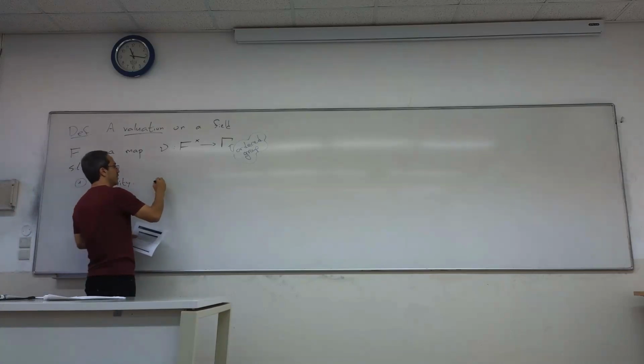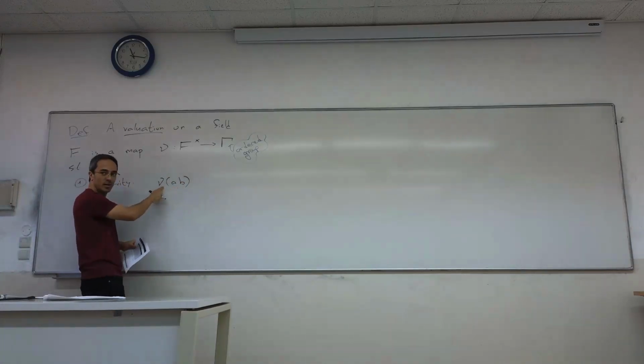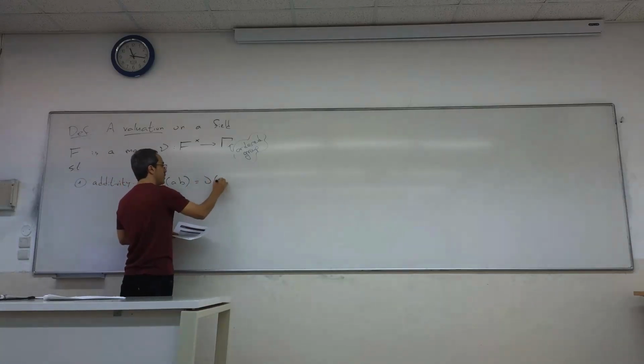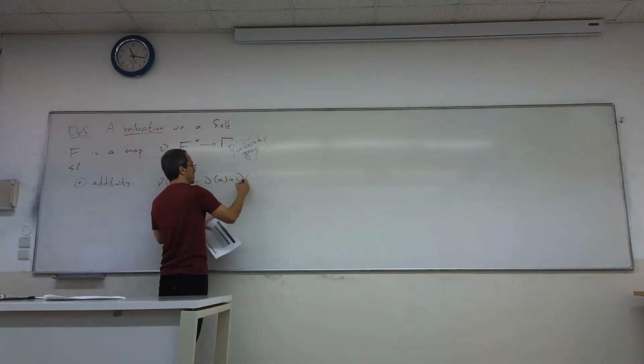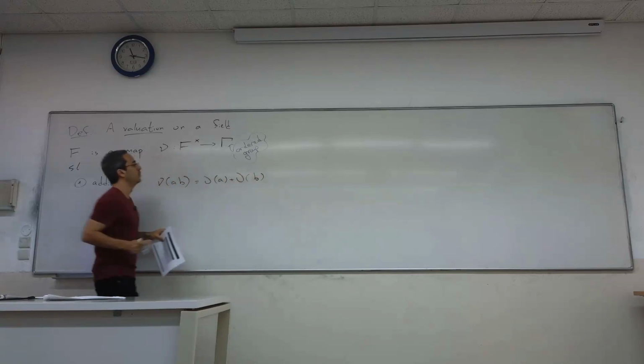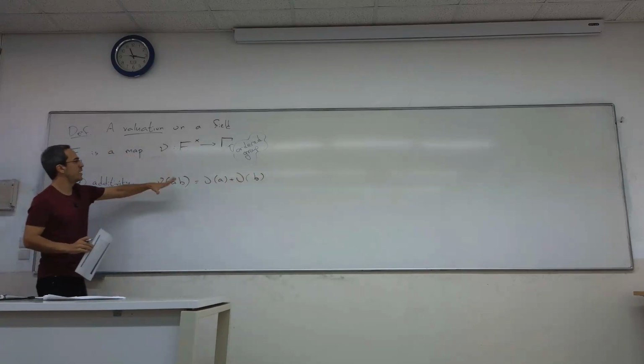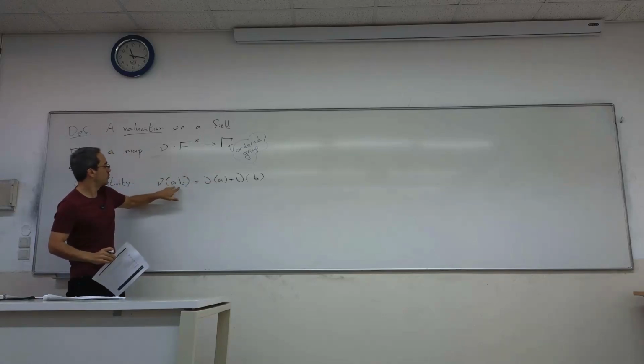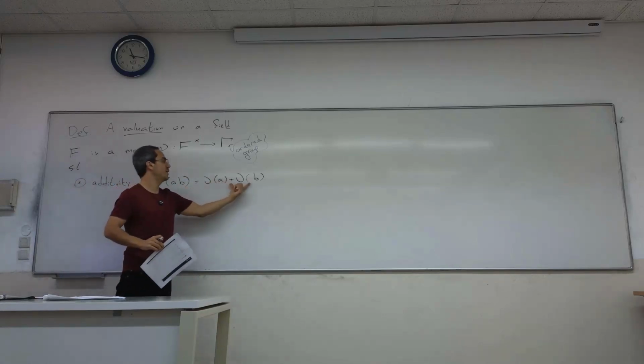So you require that V of AB, so you can multiply in the field, right? Apply V, you get an element in the ordered group. So I want it to be the same element as if it's a group, so you can add. Here you don't use the fact that it's ordered, just a group. So you multiply in the field, apply the valuation, same thing as applying the valuation and adding.